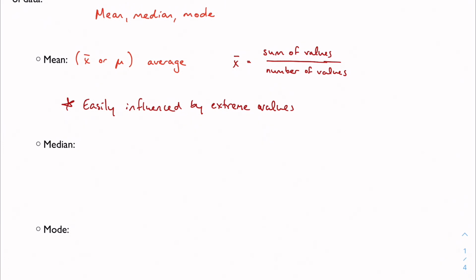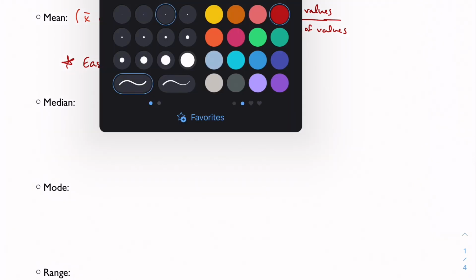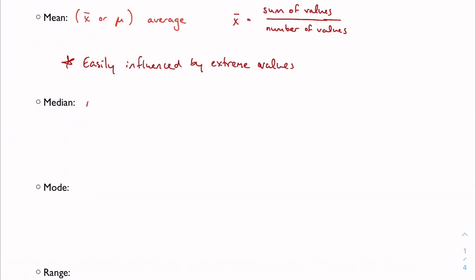Something that is less influenced by these extreme values is the median. And the median is just the middle value in a set of data. And the key is that that set of data has to be organized in ascending order.